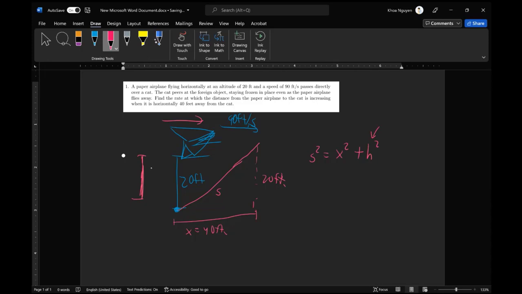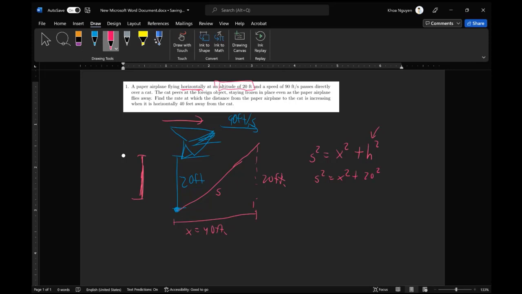And in this case, keep in mind that the altitude, 20 feet, remains constant, and the variable is the horizontal distance from the plane to the cat. And so putting this in, we get s squared equals x squared plus 20 squared.